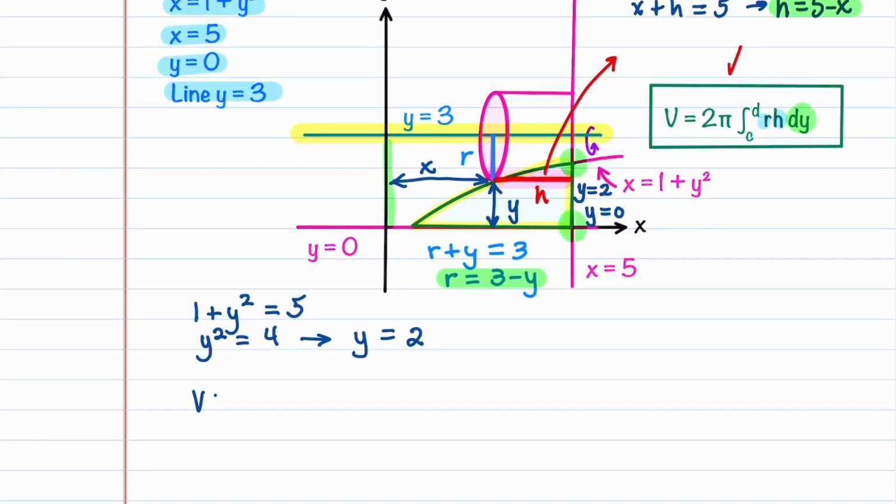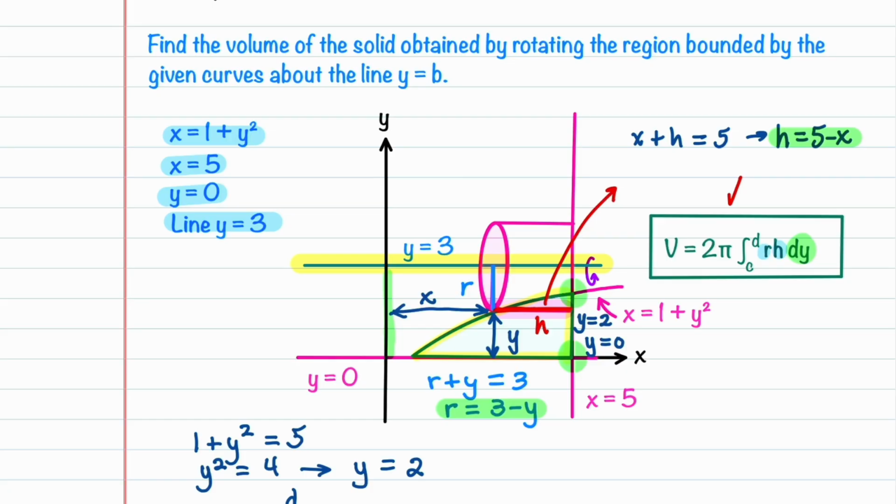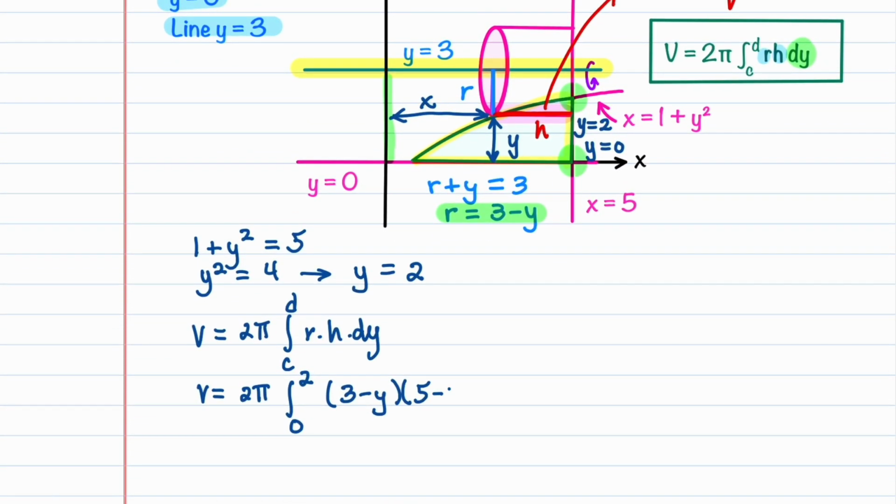Let's write down our formula first. Our volume is 2 pi times the integral from c to d, r h dy. We found that our limits of integration were between 0 and 2, so we're going to integrate from 0 to 2. Our radius, we found, was 3 minus y, and if we look back up top here to the right, our height is 5 minus x, dy.